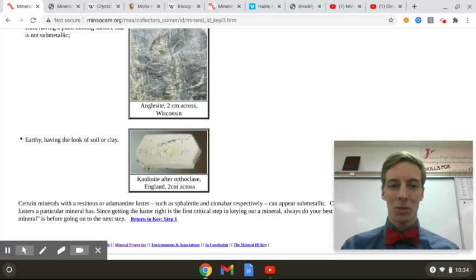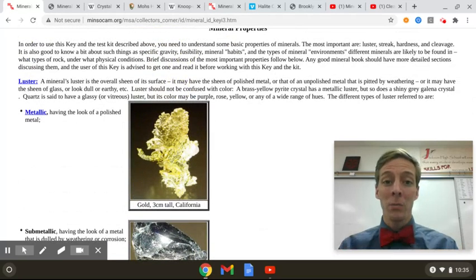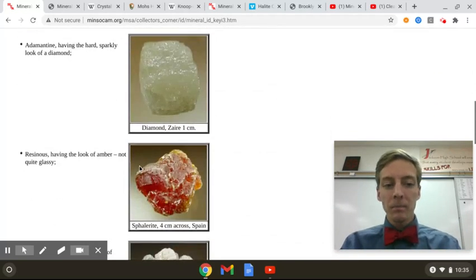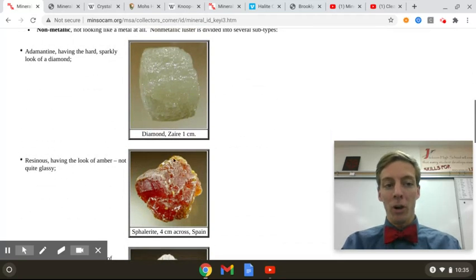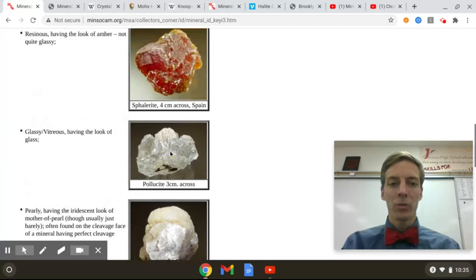Those are luster. Honestly, is it metallic or non-metallic? Then the non-metallics can be broken down to dull or glassy or pearly. Those can be broken down better, but metallic and non-metallic is the big dividing line.